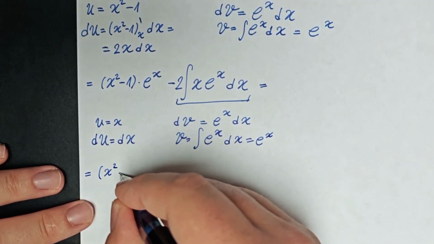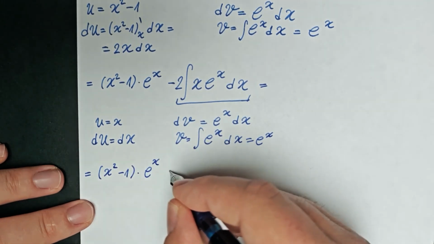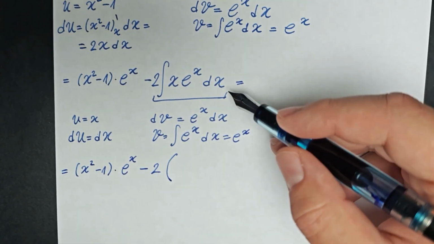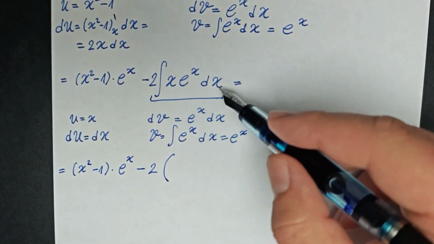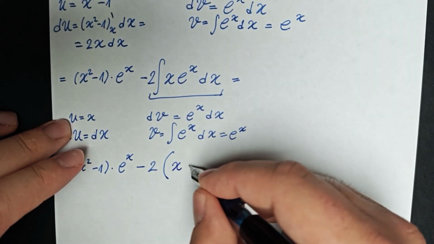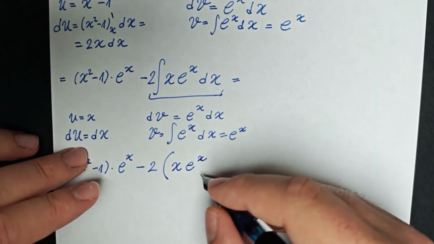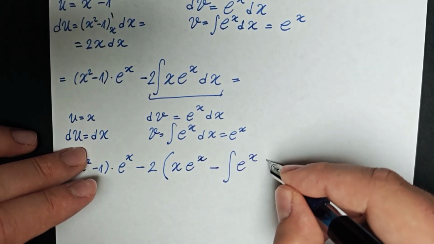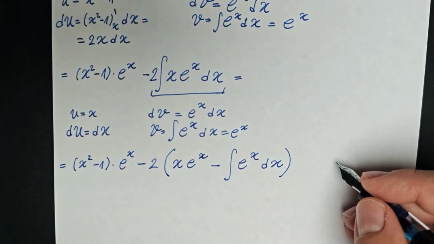So we have x squared minus 1 multiplied by e to the power x minus 2, and here we are going to apply the integration by parts formula on this integral. It is u multiplied by v, which is x e to the power x, minus an integral of v du, which is e to the power x dx.